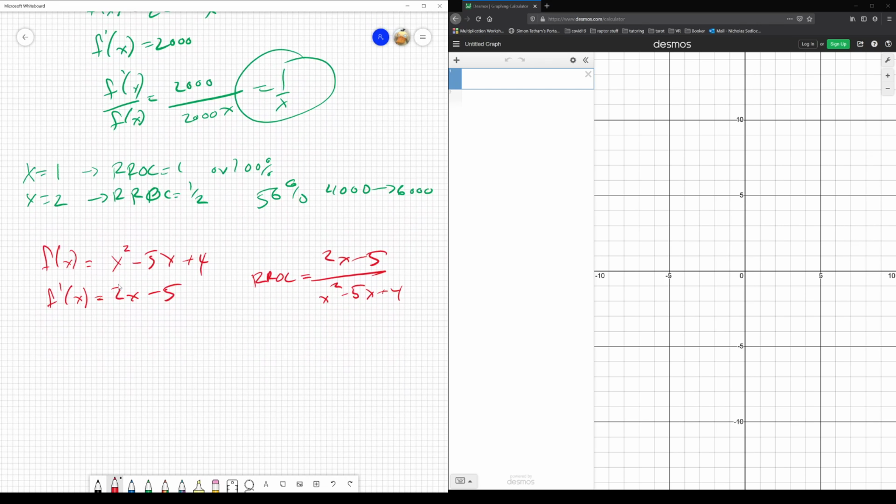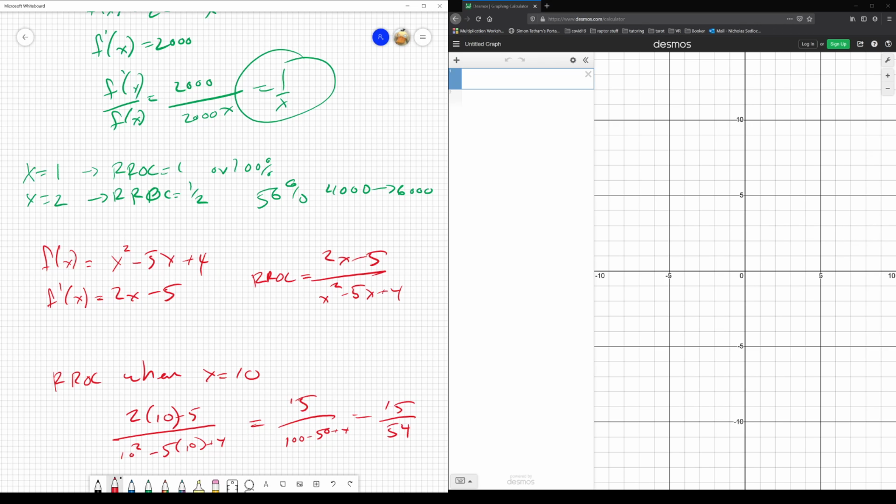And so then, if you want the relative rate of change when x is, say, 10, you get 2 times 10 minus 5 over 10 squared minus 5 times 10 plus 4, which is 15 over 100 minus 50 plus 4, which is 15 over 54. And that's the idea behind relative rate of change and percent relative rate of change.